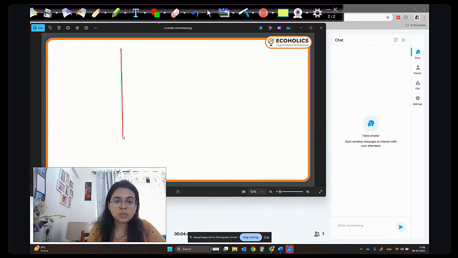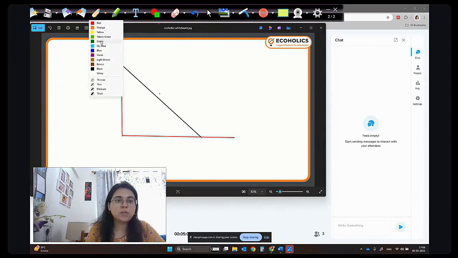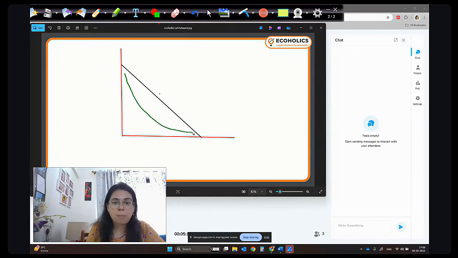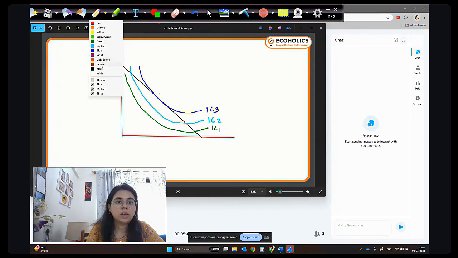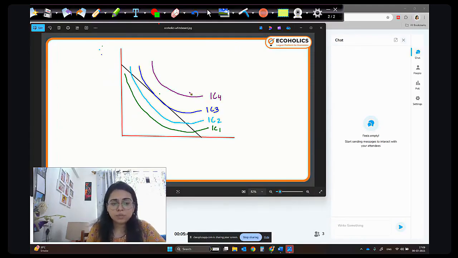So based upon these assumptions, let's see how and where the consumer will find his equilibrium. Let's say this is the budget line of the consumer, and he has different indifference curves: IC1, then IC2, then IC3, and last but not least IC4.